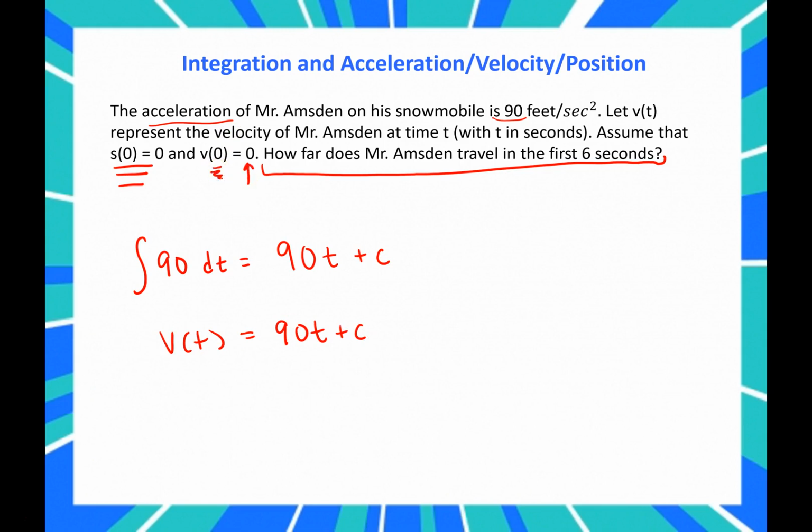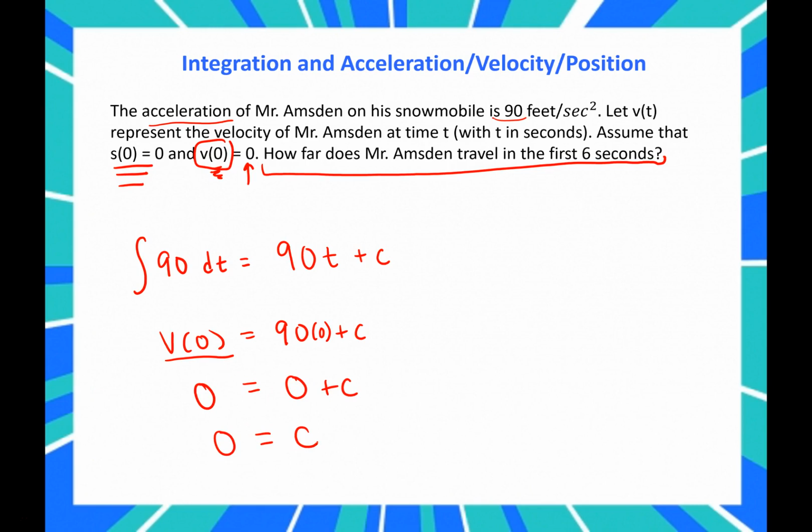So we can solve for c. I'm going to plug in 0 for t. So v of 0 is equal to 0. So I have 0 equals 90 times 0 plus c. Well, that's going to give me 0 equals c.